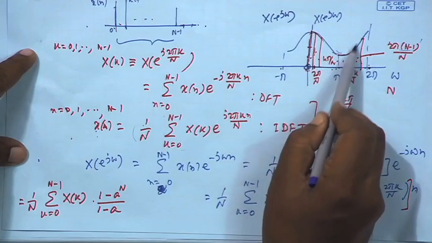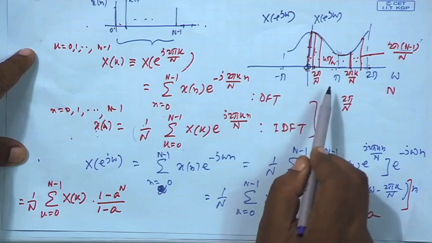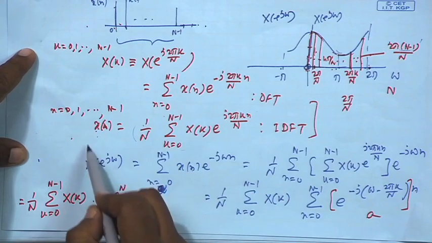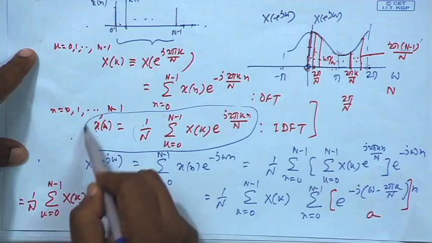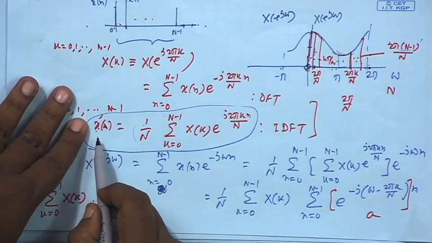Then another question: suppose some DTFT is given, I take this N number of samples, capital X 0, capital X 1, capital X 2, and then put them in this formula, right hand side, and I get a sequence x n.